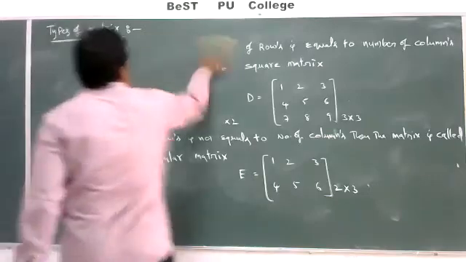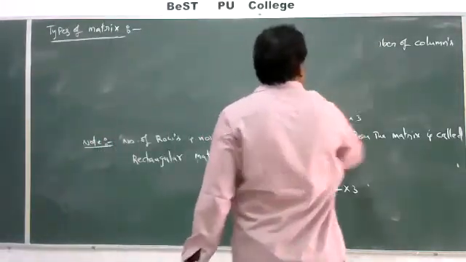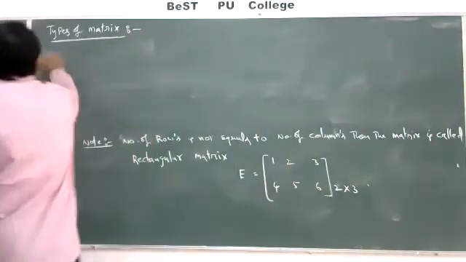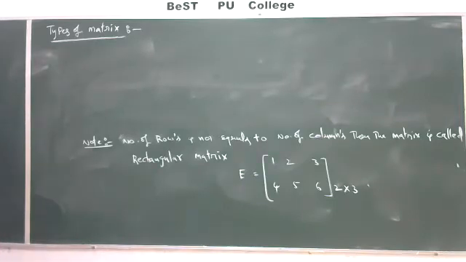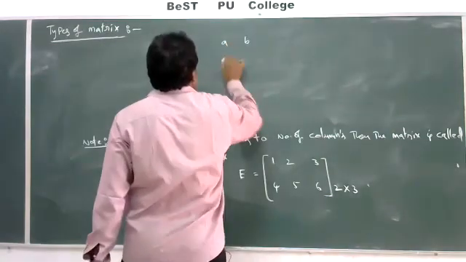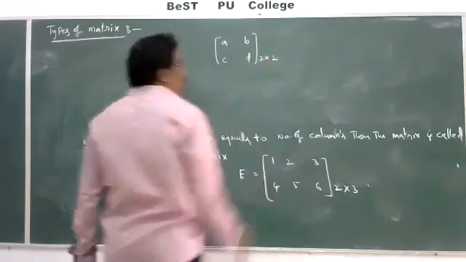Next, for example, if a matrix is there, A, B, C, D. This is a 2 by 2 matrix, a square matrix.